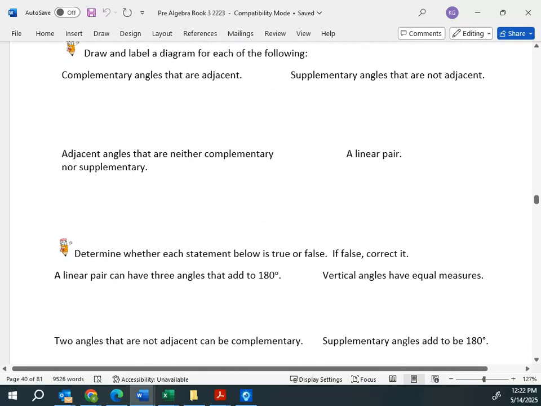Then it says draw and label a diagram for each of the following. So you have to draw these, remembering when we put measurements in, just like when we were working with triangles, when you put measurements in for those angles, in a triangle, they had to equal 180 degrees. Think about what these mean. If they are complementary angles, what do your angle measurements have to equal? You must label your angles.